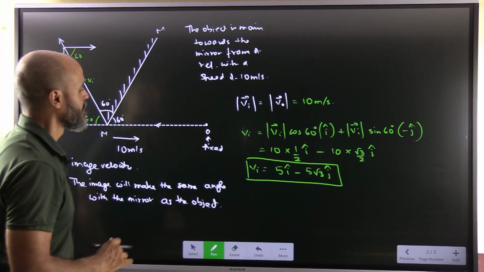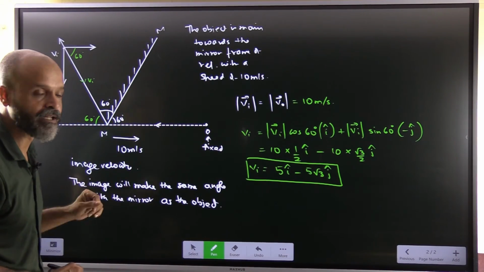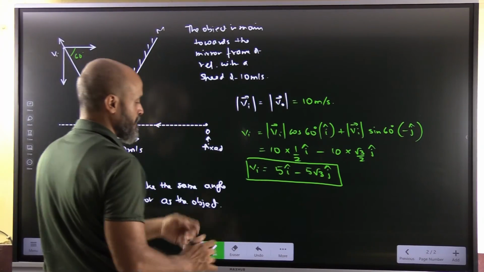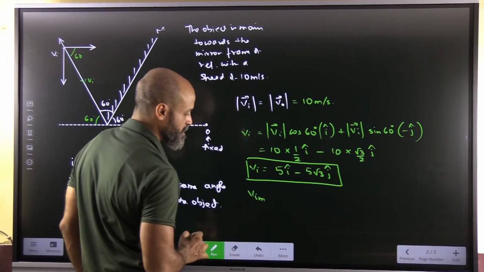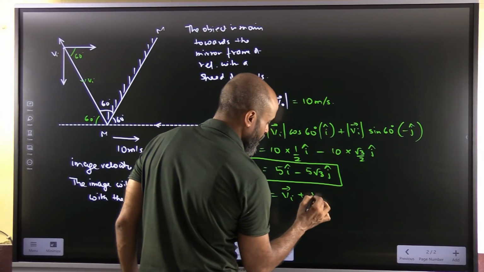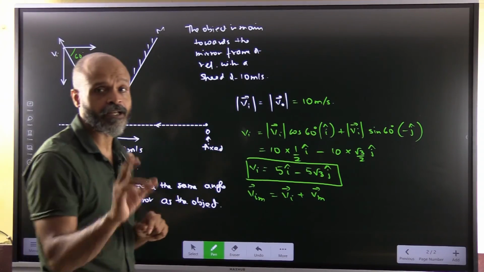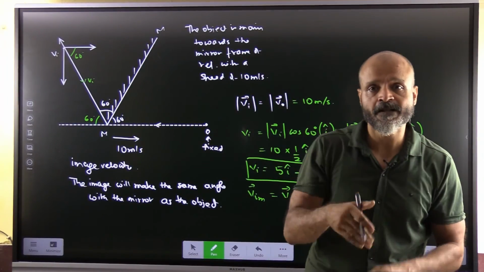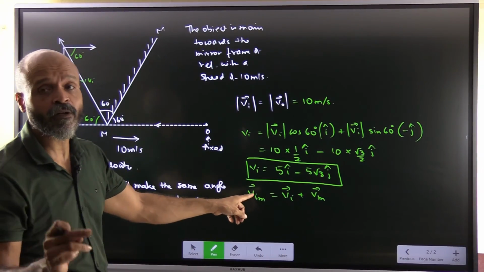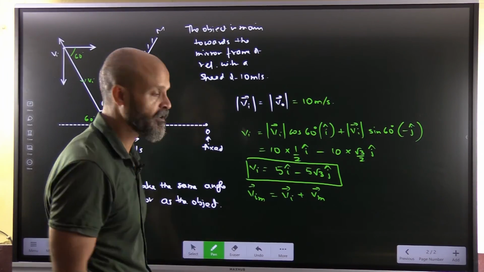Now understand this, that this is the velocity of the image, assuming that the mirror is stationary. Here our assumption is that the mirror is fixed and the object is moving. So if I have to calculate the velocity of the image with respect to the mirror, it will be the velocity of the image plus the velocity of the mirror.